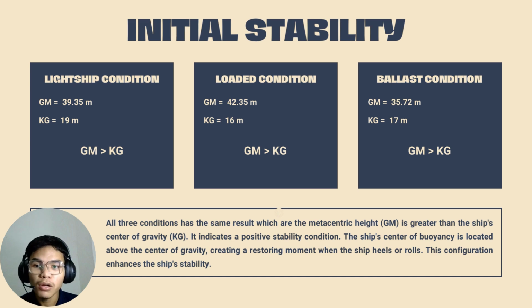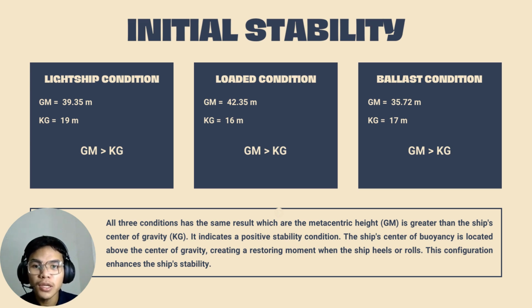As we all know, if the metacentric height, GM, is less than the ship's center of gravity, it indicates an unstable condition. The center of buoyancy is located below the center of gravity, creating a destabilizing moment when the ship heels or rolls. This configuration can lead to potential stability issues and should be avoided.